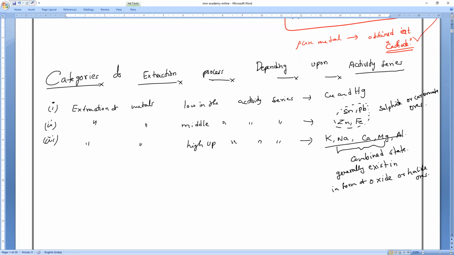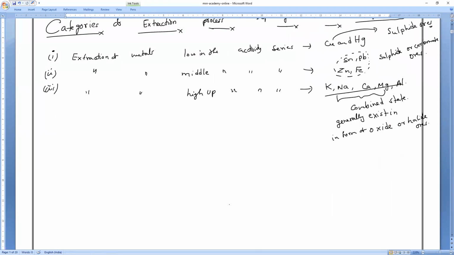Next, copper and silver also you can take, or mercury also. Copper is a less reactive metal found basically in copper sulfide ores, including silver also. Next, platinum and gold are the least reactive metals, found in the elemental form.